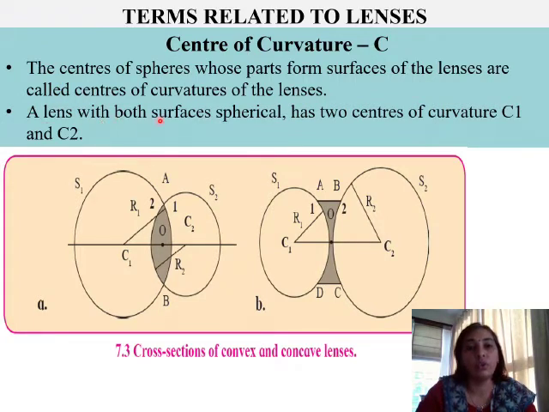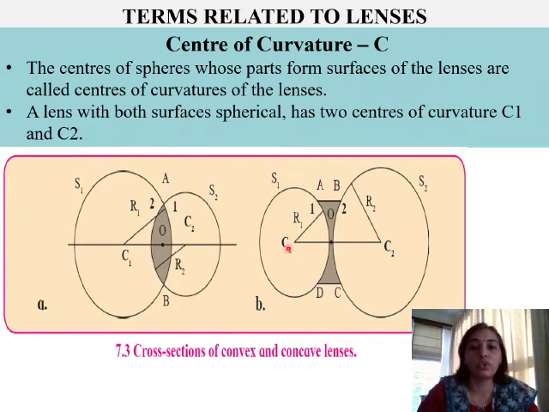And a lens with both surfaces spherical has two centers of curvature. So since both the surfaces are spherical, here we have a biconvex lens. This lens will have two centers of curvature. Here also this is a biconcave lens. If we see from both the sides, it is curved inwards and hence it's a biconcave lens.